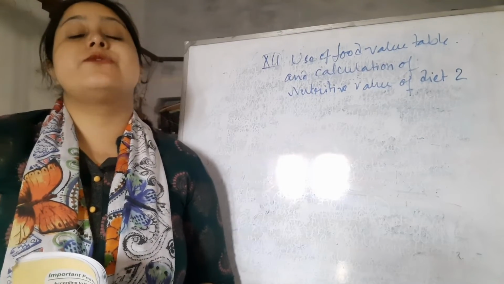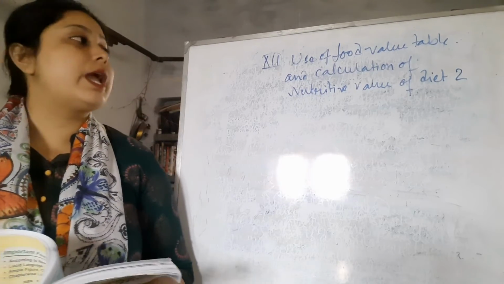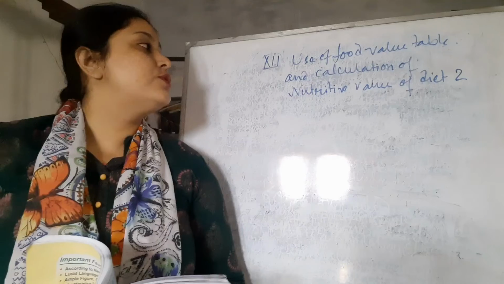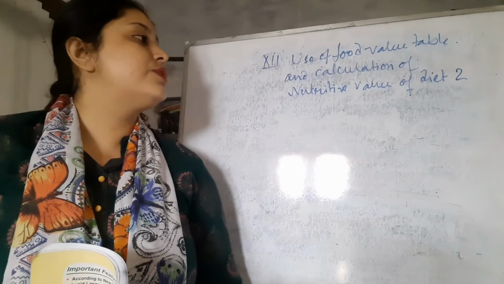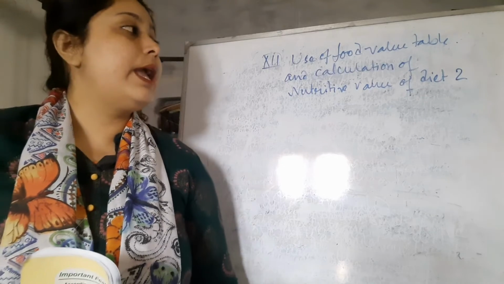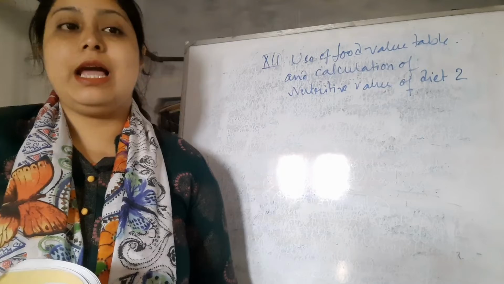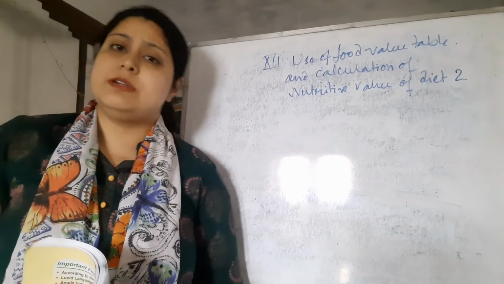This video is for class 12 nutrition, and the chapter that I will continue today is the use of food value table and calculation of the nutritive value of diet, that is part 2. In the previous video, I started with the compilation table in detail, the compositions table and comparisons table.